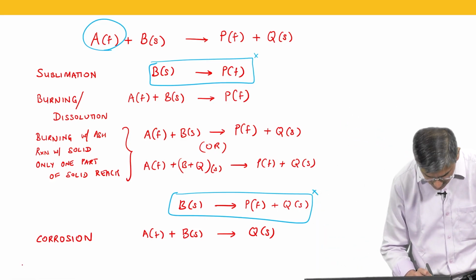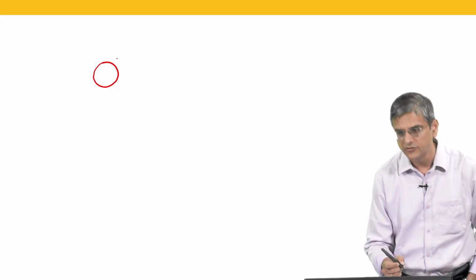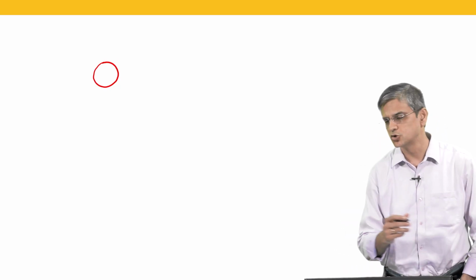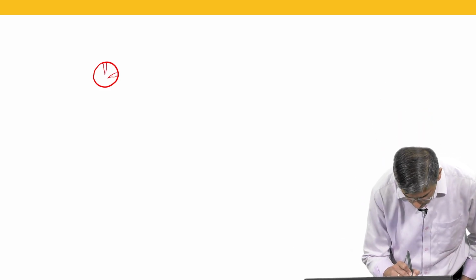Now there was a question, and the question was, let us say you have a pellet, and this could be module 5 or module 6. The pellet might be catalytic, the pellet might be reacting, it is a porous pellet. And so the reaction is taking place within the pellet.